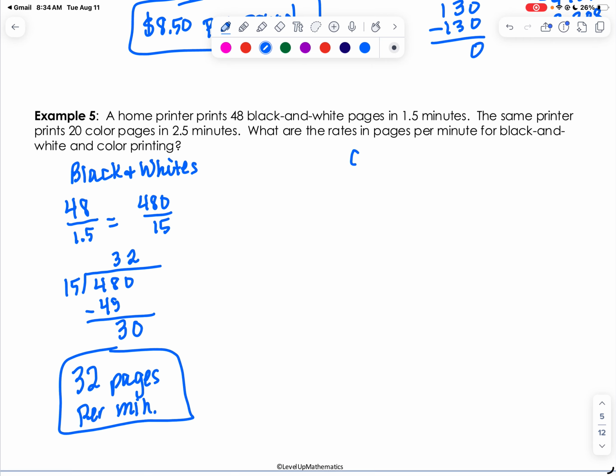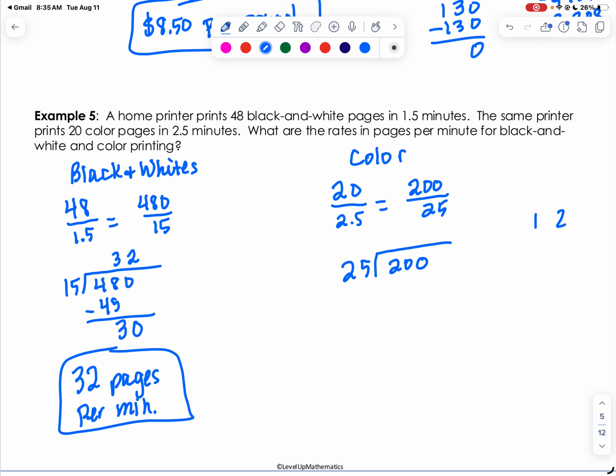Okay, the color copies. The original rate was 20 pages per 2.5 minutes. So I will rewrite this as 200 divided by 25. So let me make a ratio table. 1 times 25 is 25. If I double that, I get 50.